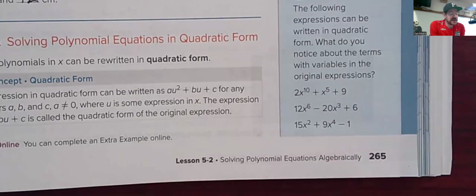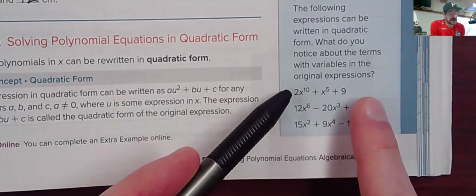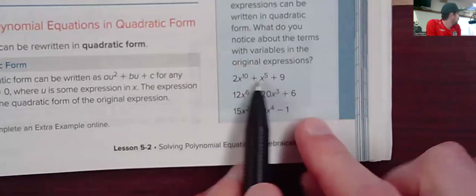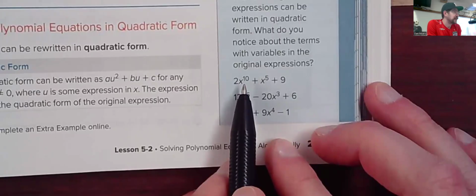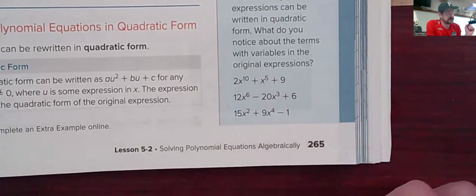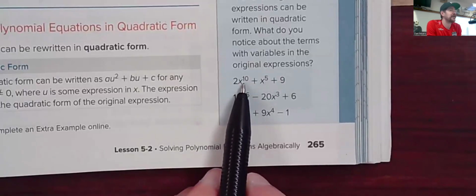However, it can be written as a quadratic because if you think about what squared means, multiplied by itself, right? You could technically multiply something by itself in order to get x to the 10th power. What multiplies by itself to equal x to the 10th power?